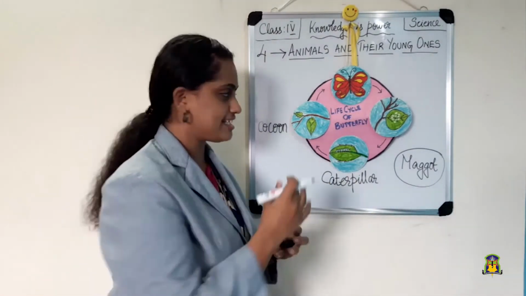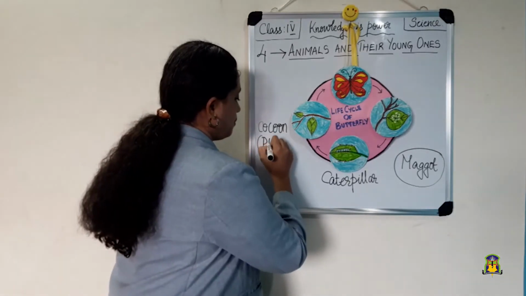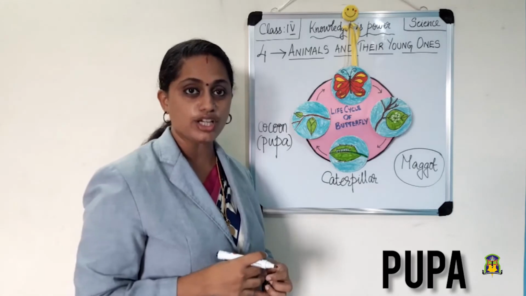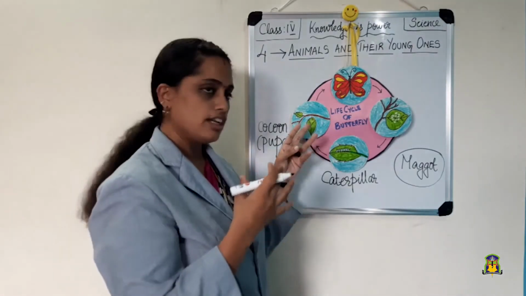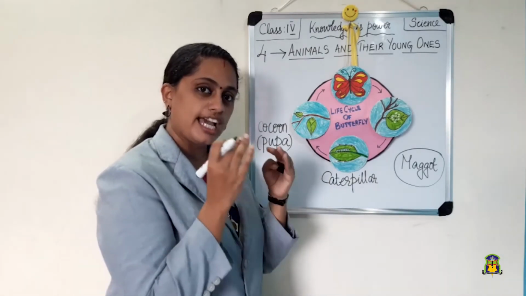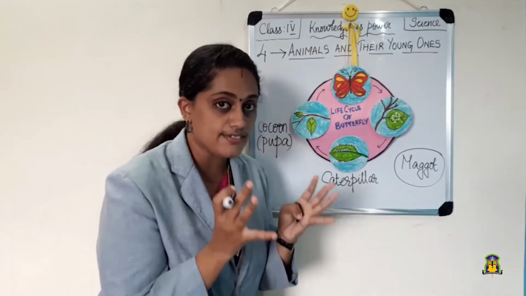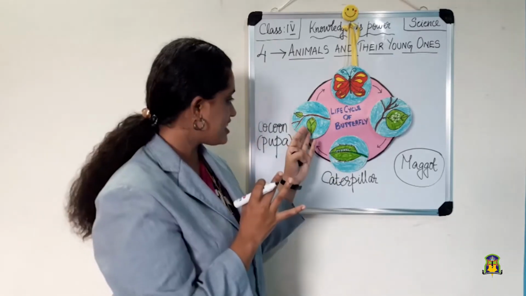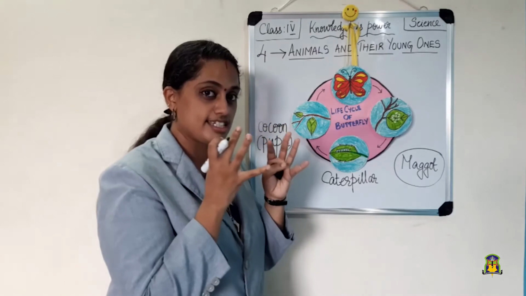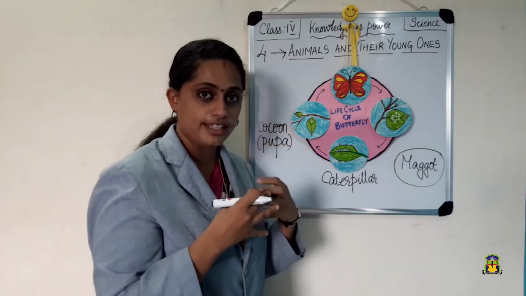In this stage, it is called pupa. Now it is inside. It has a covering, the cocoon, around it, and it is inside. In the life cycle of a butterfly, this is the resting stage. Do you know what is happening inside?